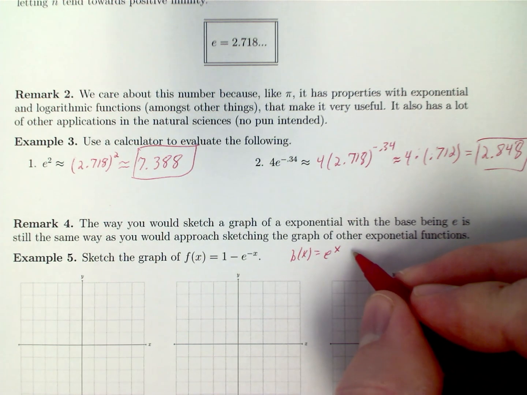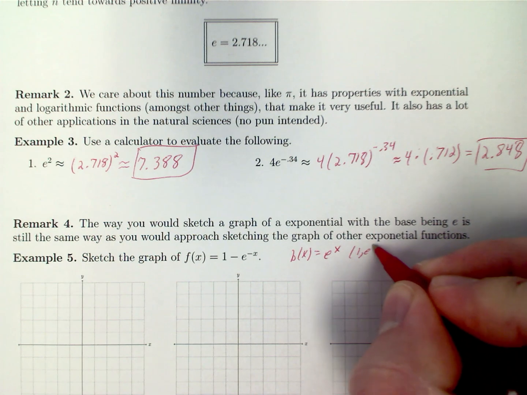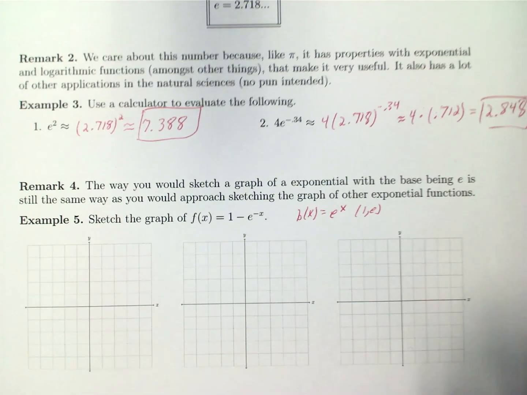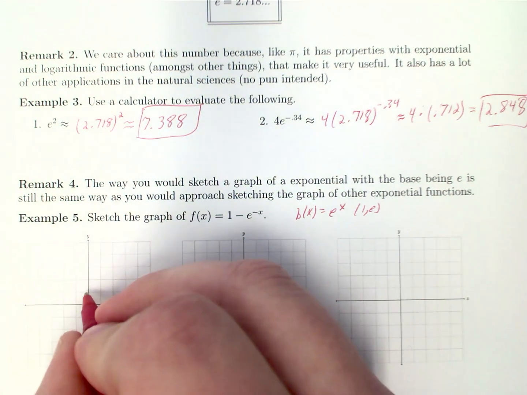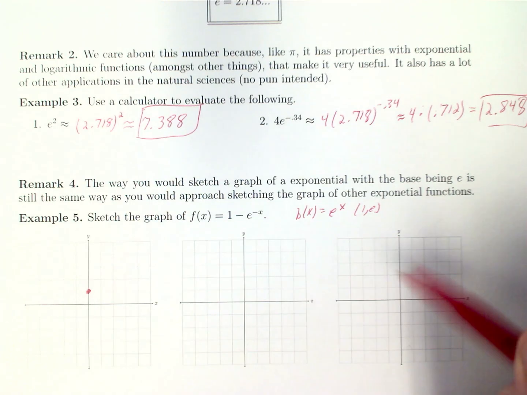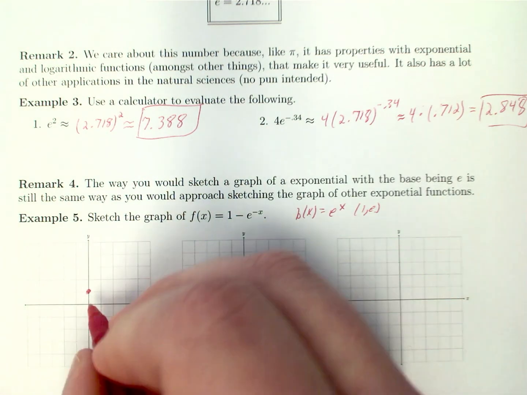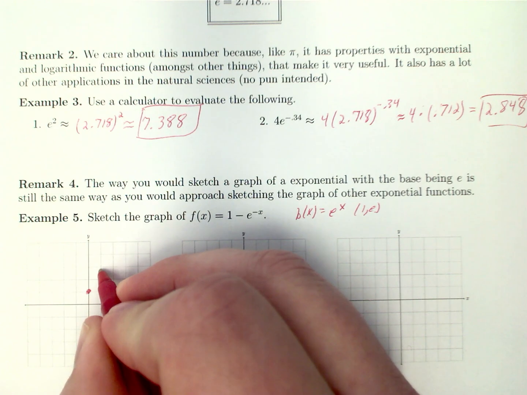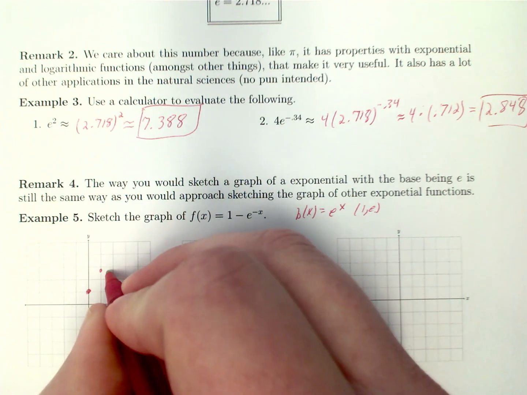With e to the x, that gives us the base points of 0, 1, as always, and 1, e. So e is about 2.7, so 1, e is about here somewhere.